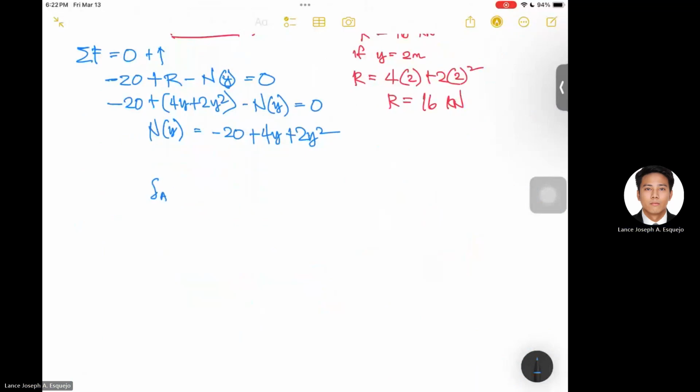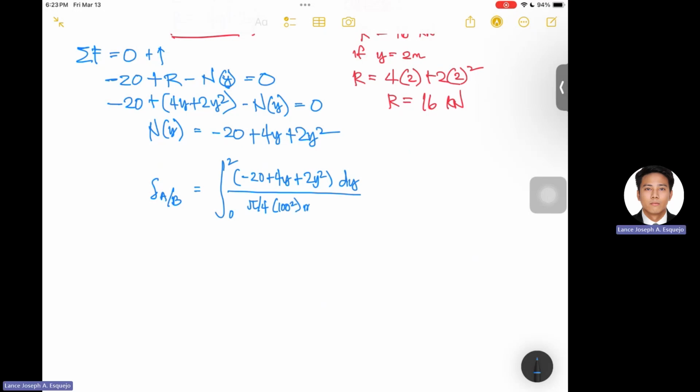So delta a with respect to b is equal to the integral of 0 to the total length, which is 2 meters, of n of y, negative 20 plus 4y plus 2y squared, dy, divided by the area, which is pi over 4 times 100 squared millimeter squared, and then the value of modulus of elasticity, which is 13.1.